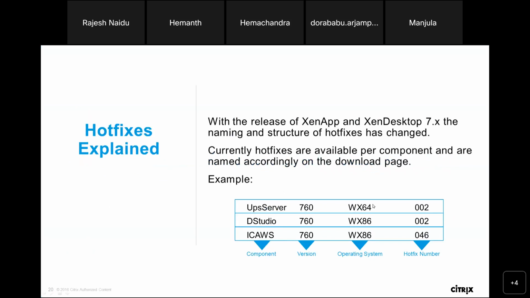After that comes the operating system: W means Windows, X64 means 64-bit, X32 means 32-bit. Then the hotfix number, which shows the number of releases in the same version, like 2, 3, 4, 5. This is how a hotfix is identified.